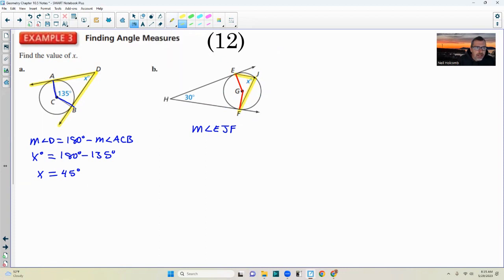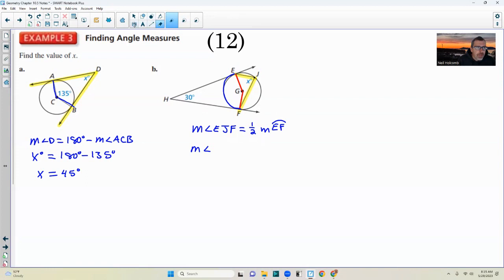The theorem says that the measure of EJF equals 1/2 its intercepted arc. So that's going to equal 1/2 the measure of arc EF, which is right here. But unfortunately, I don't know that. So what do I do next?